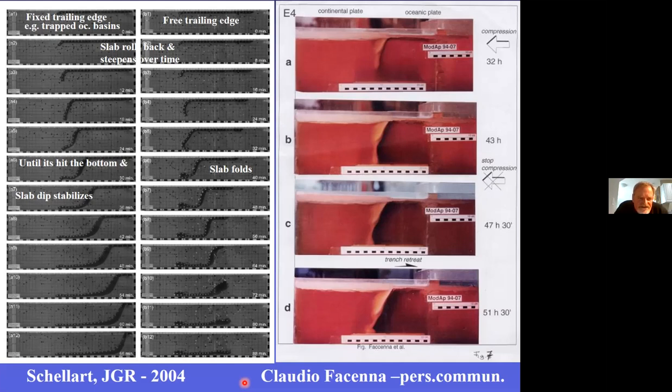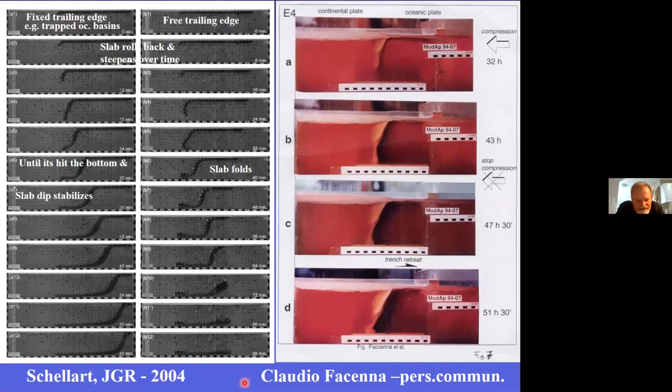And as you can see, the slab steepens over time till it hits the bottom of the tank, and that is supposed to be the 650 discontinuity, which is difficult to penetrate by slabs, and that becomes a kind of subduction graveyard. And then you can see the slab flattens out on the left and eventually stabilizes until all the oceanic lithosphere is subducted.